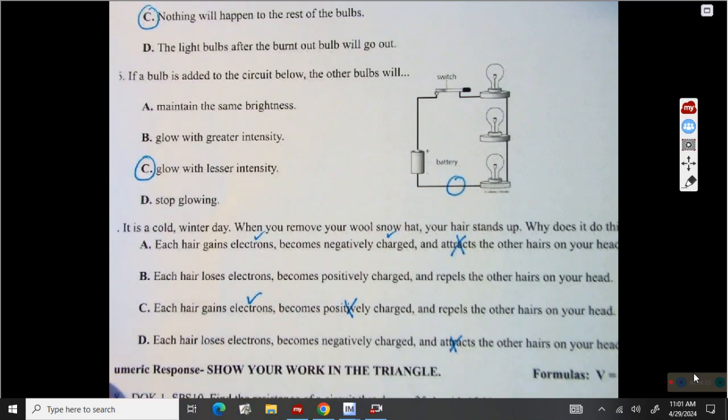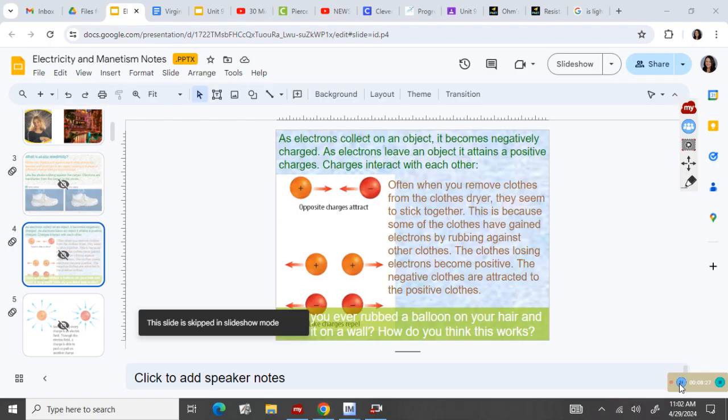So let's think about this one for a second. If we look at this slide right here, it says as electrons collect on an object, it becomes negatively charged. As electrons leave an object, it attains a positive charge. We know opposite charges attract and like charges repel.